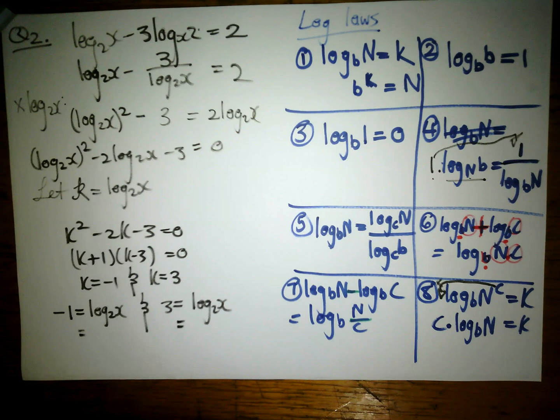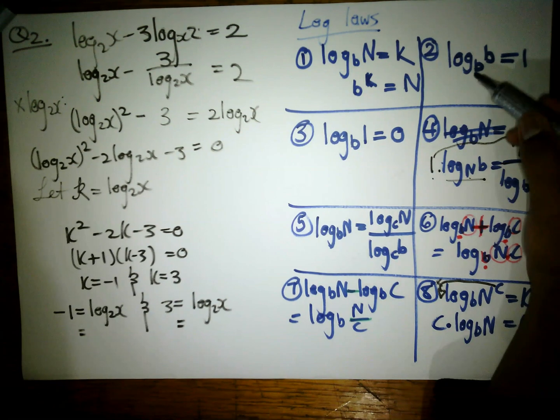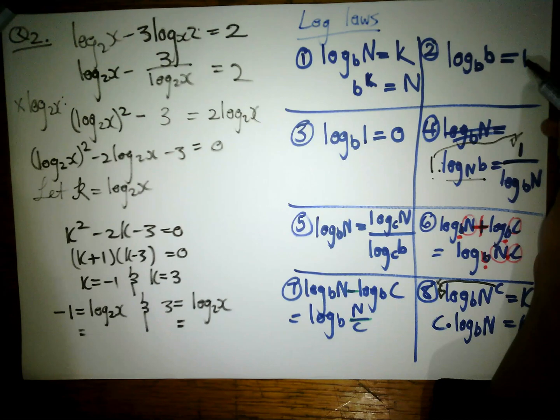Rule 2, I think. Rule 2. Why? It looks the same. How? Rule 2 is saying log base and the number is the same, equal to 1. Oh, it's the same.